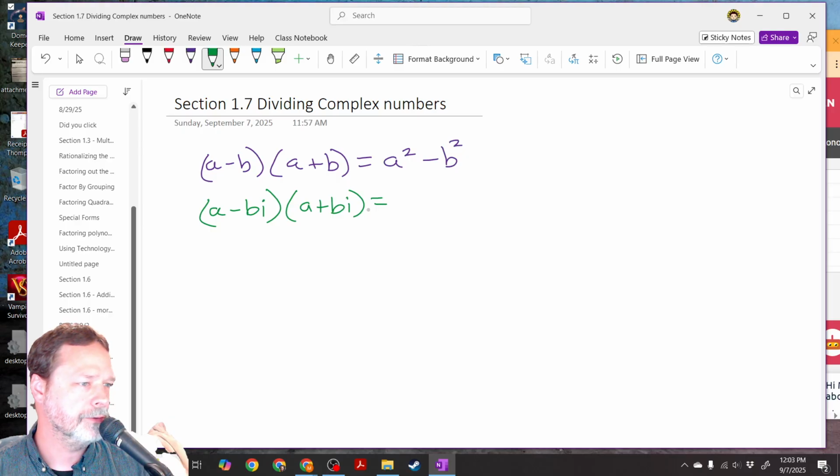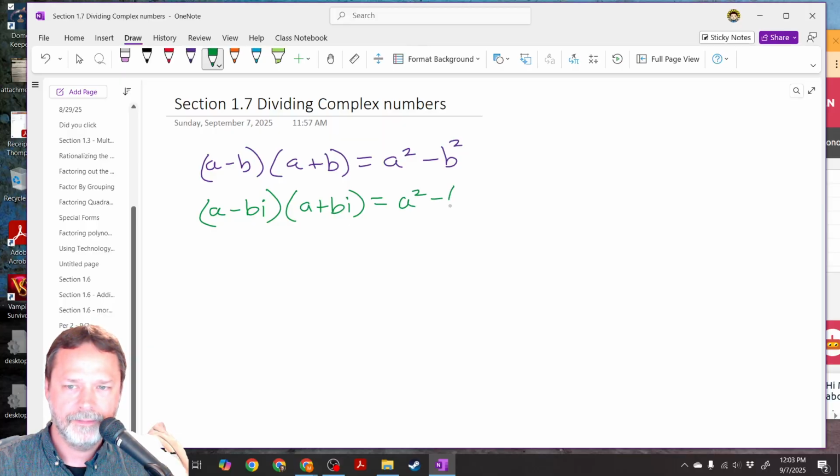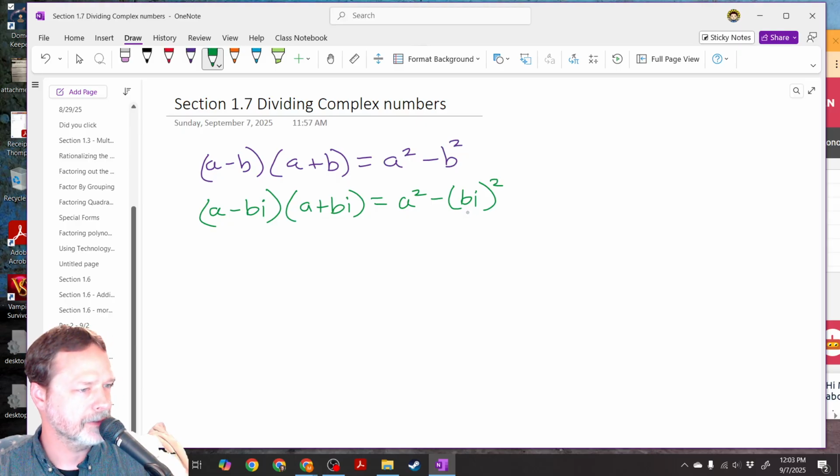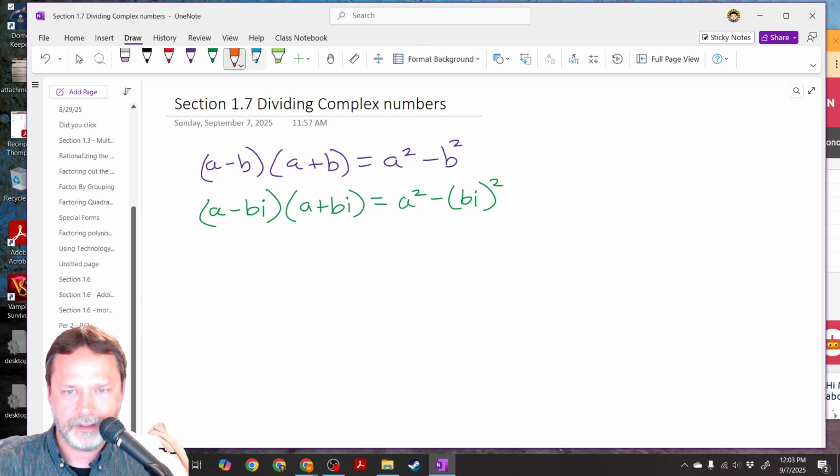I encourage you to go ahead and do it long ways if you like, but for our purposes, we already know it's the first one squared minus the second one squared. So it's going to still be A squared minus BI squared. This is very, very important information here, guys, because when we're dividing complex numbers, we want to get a complex number. You'll see what I'm talking about soon.